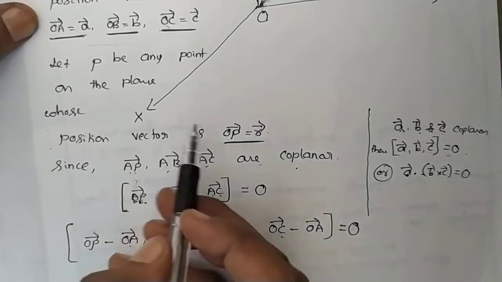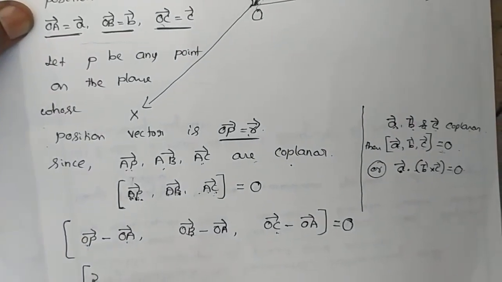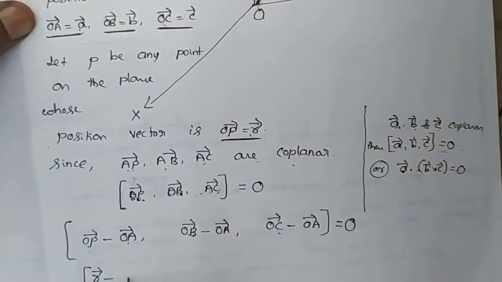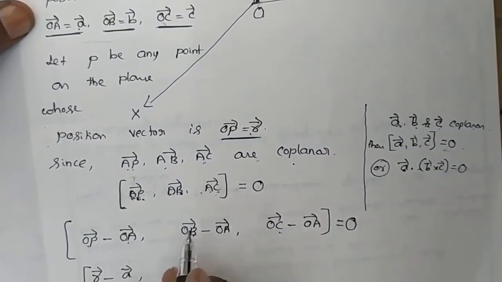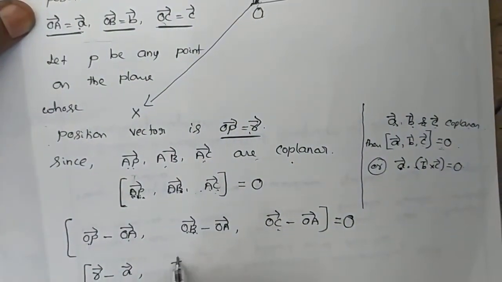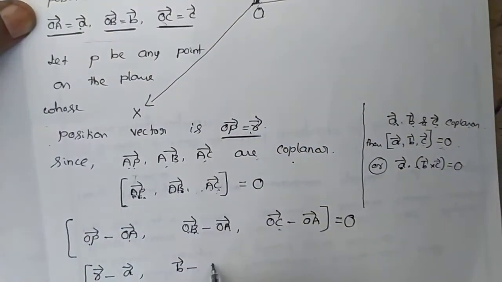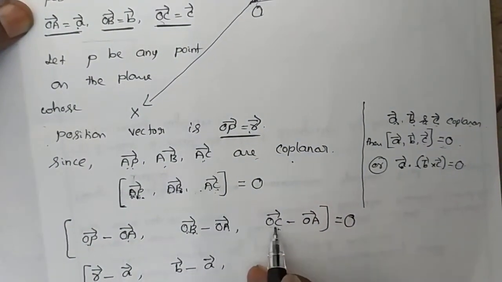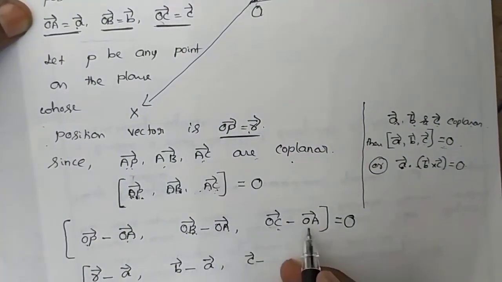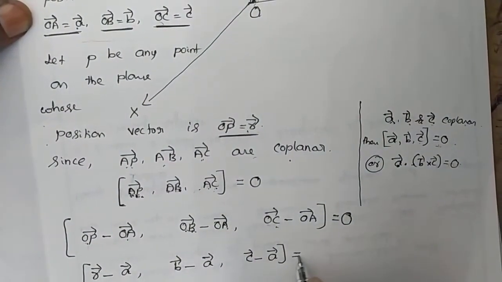OP vector is R vector minus OA vector, which is A vector. OB vector is B vector minus OA vector, which is A vector. OC vector is C vector minus OA vector, which is A vector, equals 0.